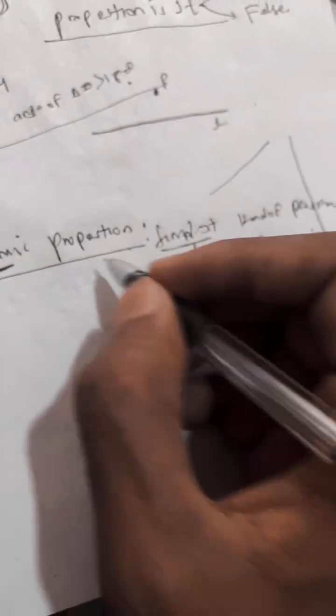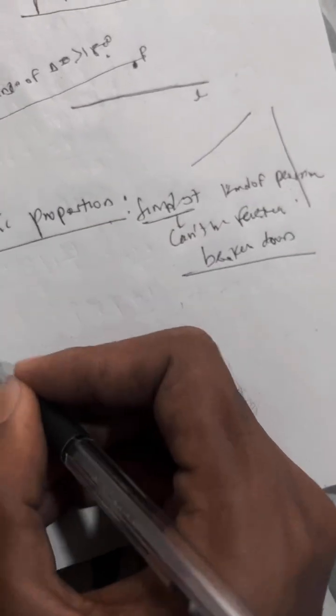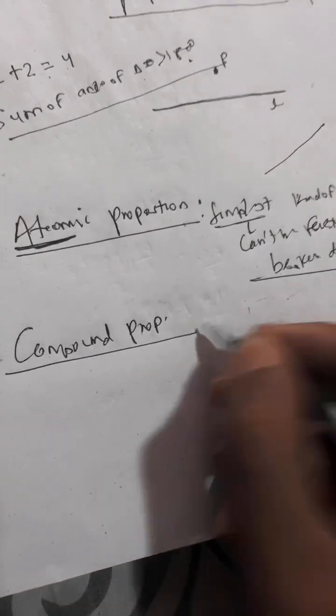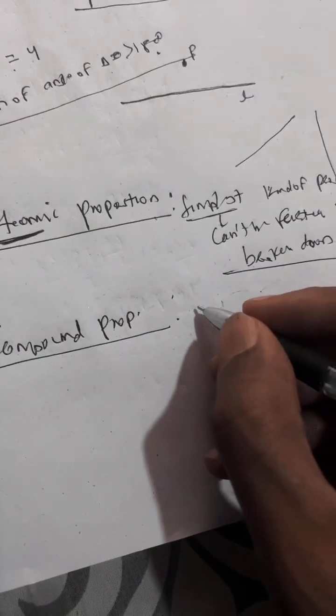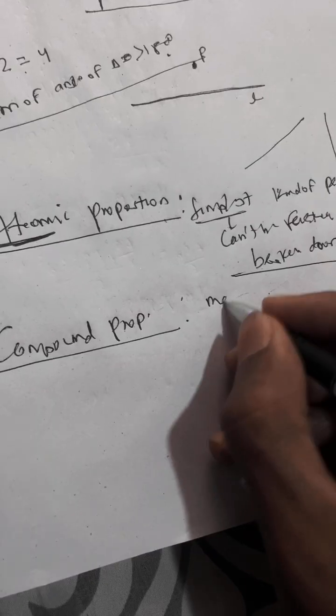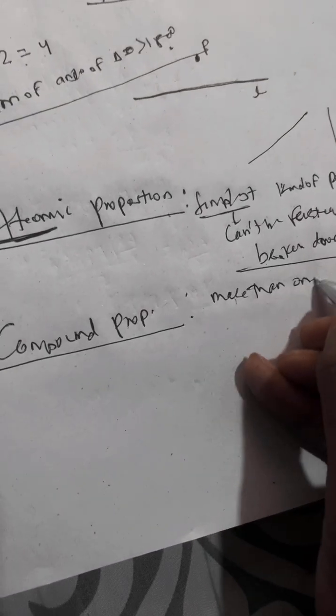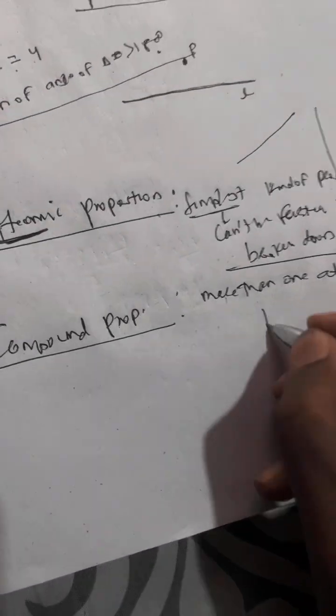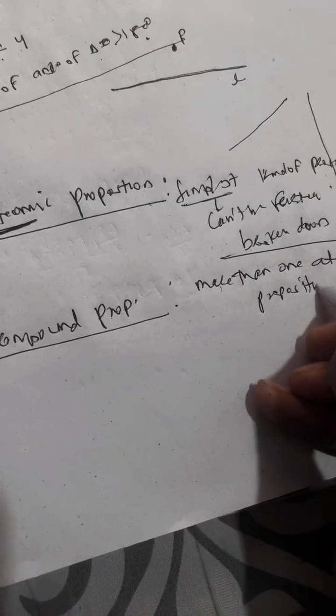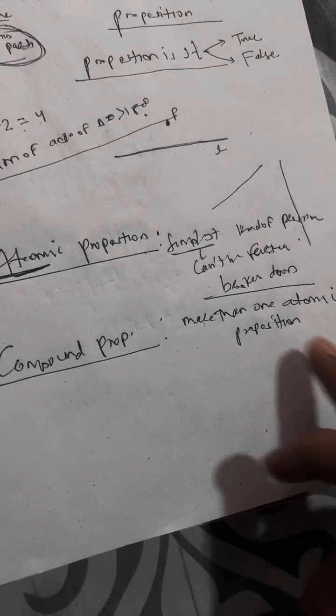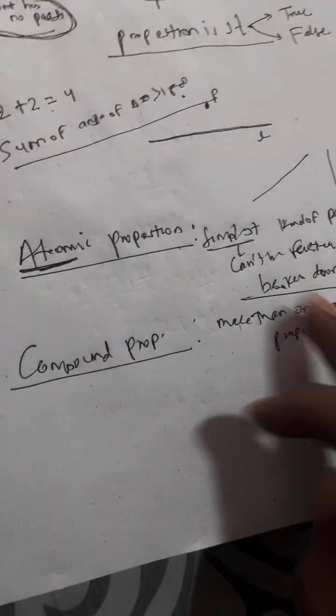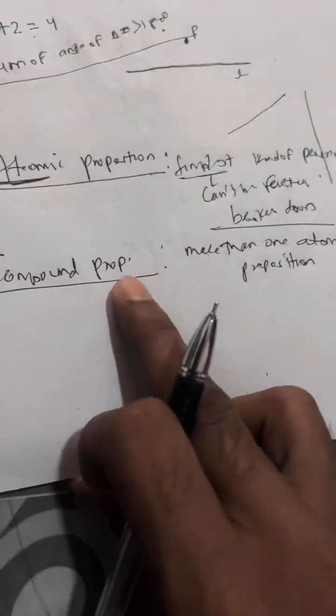So we have atomic proposition, and then we have compound proposition. What is a compound proposition? A compound proposition contains more than one atomic proposition. We talked about this in lecture 4: what is an atomic proposition and what is a compound proposition?